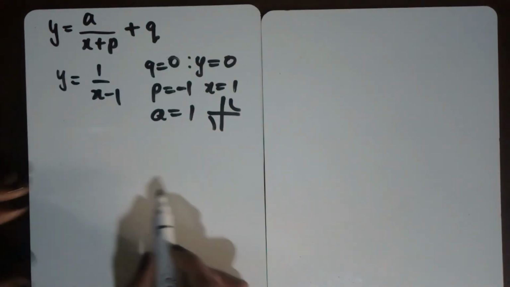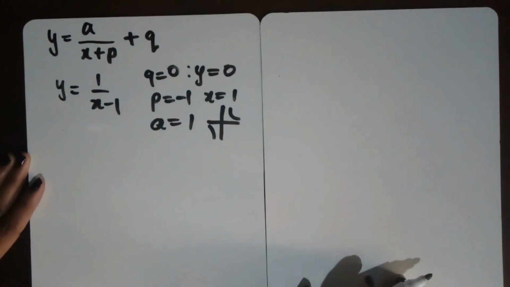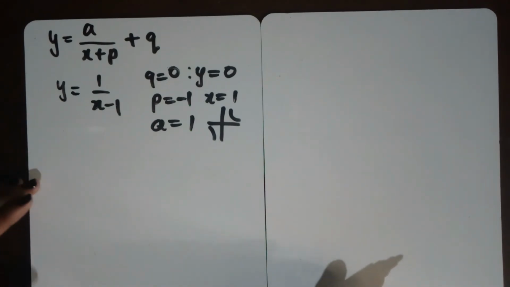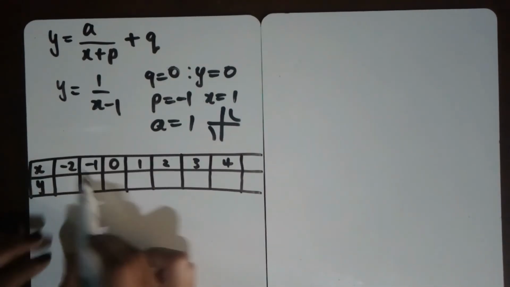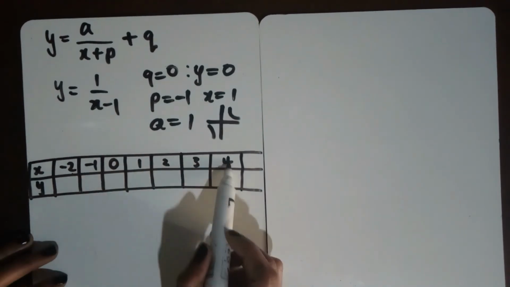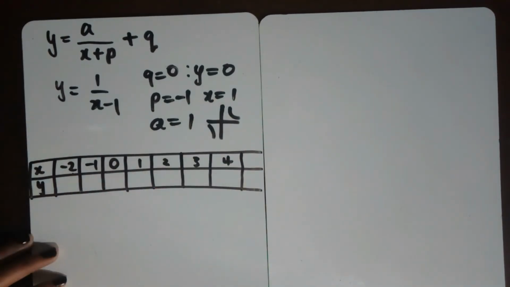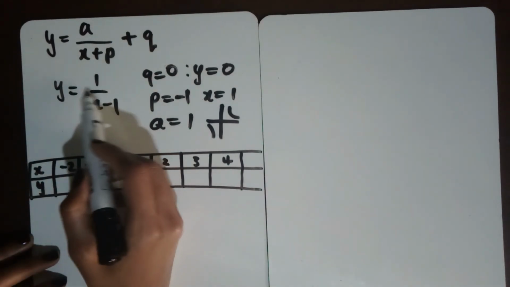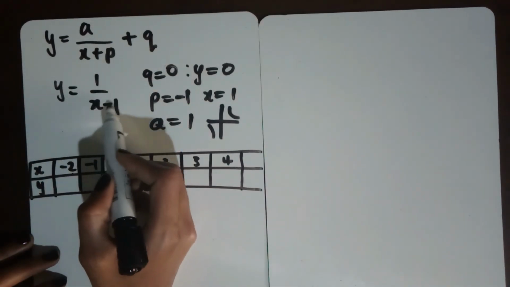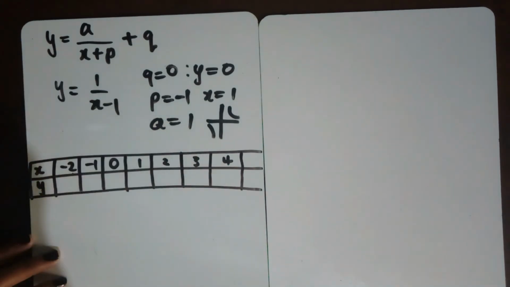So let us quickly draw a table and fill in those details. We're starting from -2 to +4. So when x is -2, it's going to be 1 over -2 minus 1.